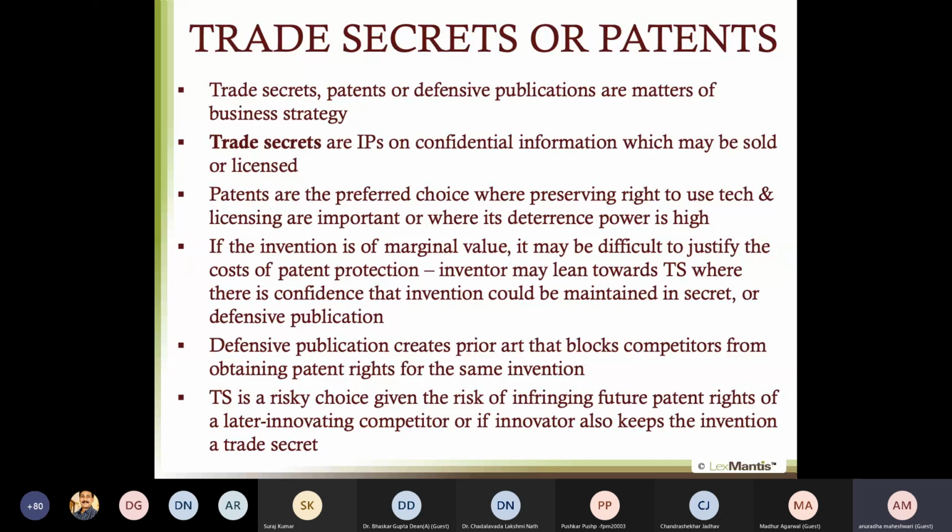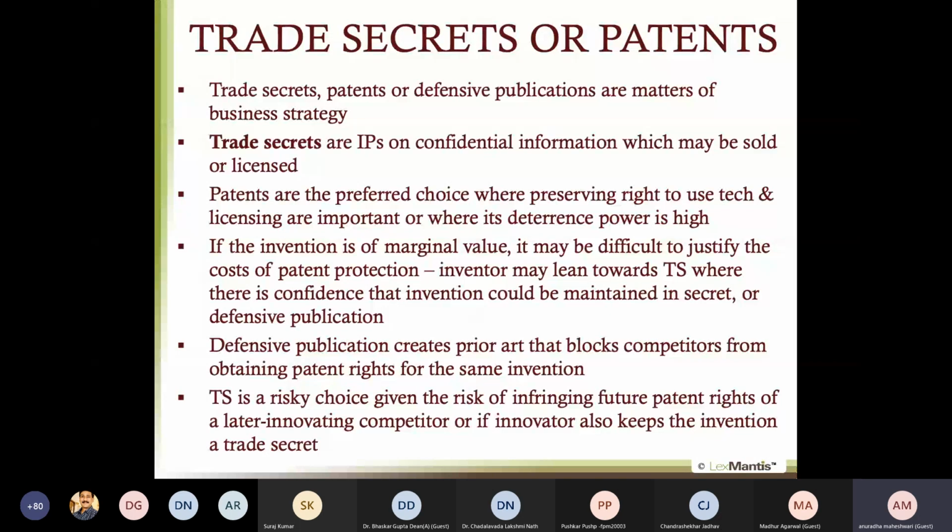So what happens is, while you may have not gone in for a patent, this particular publication becomes what we call prior art. So what is prior art? Prior art is already existing knowledge on a particular line of technology. So there is a technology and you have already disclosed that technology.